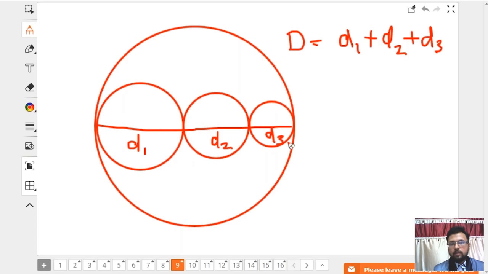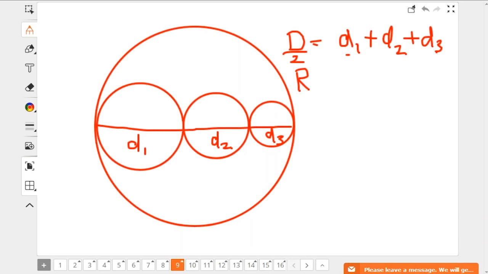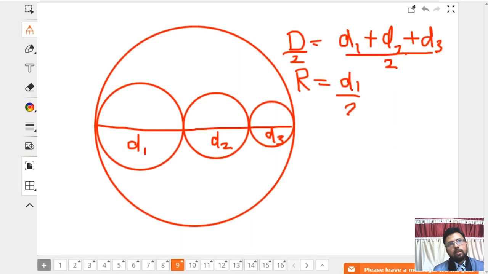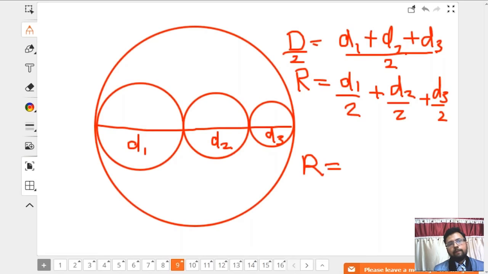Okay. With the same concept, can I say that radius, because I divide left hand side and right hand side by 2. Okay. This is D1 by 2 plus D2 by 2 plus D3 by 2. Okay, what is that? That means radius of the bigger circle is equal to R1 plus R2 plus R3.